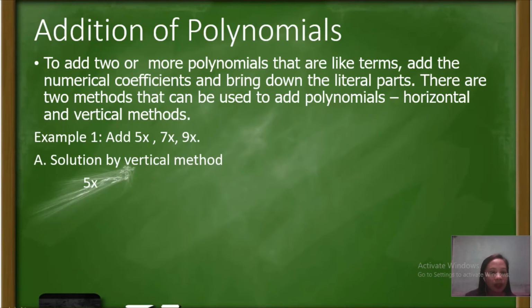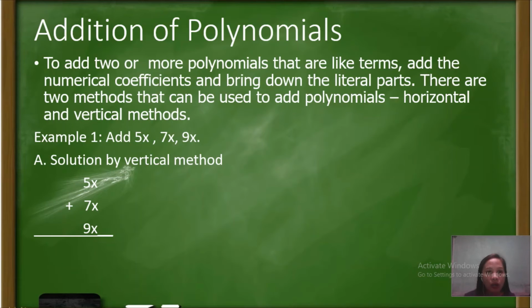So, 5x plus 7x plus 9x, you're just going to add the numerical coefficients. So, add 5 plus 7, that is 12, plus 9, that is equal to 21. And then, bring down the literal parts, that is the x. So, therefore, 5x plus 7x plus 9x, that is equal to 21x.